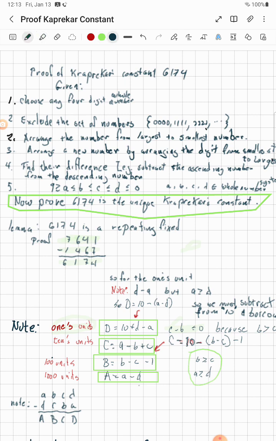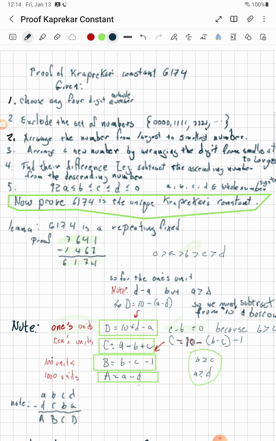The numbers are going to be greater than 0, and A is going to be bigger than B, and then C, and then D. That's how we set it up.